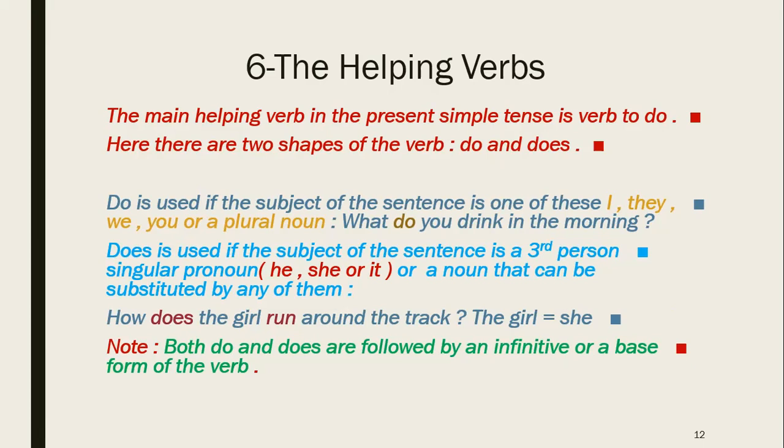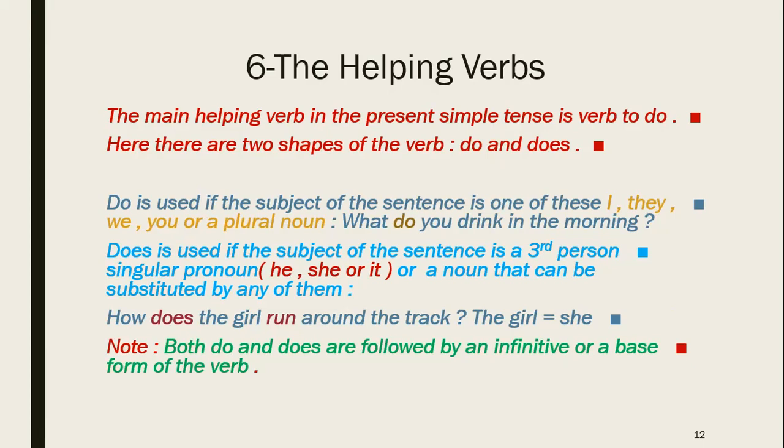So we can say both are followed by infinitive forms of the verb, like, for example, how does the girl run about the track? How does the girl, because we have the girl, this is the third person noun, we use does. And look at run, this is a base form without to. The girl, she runs, so we use does.